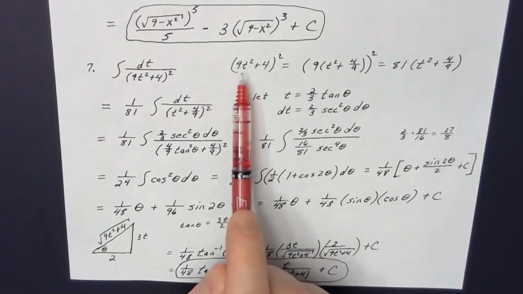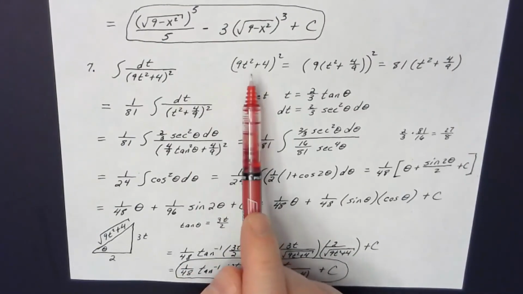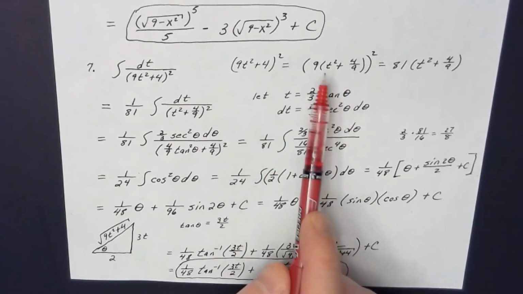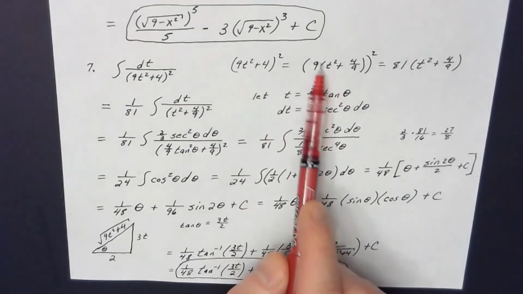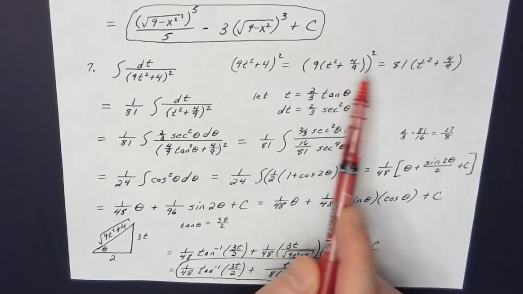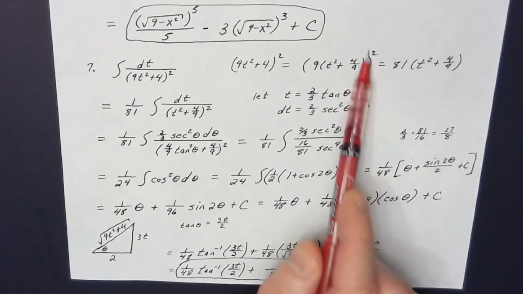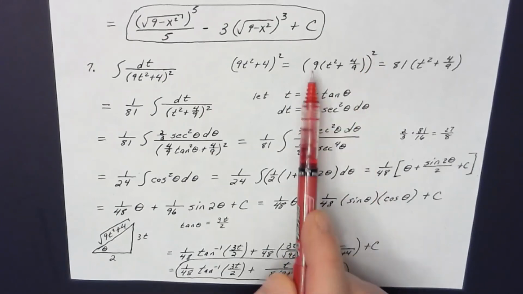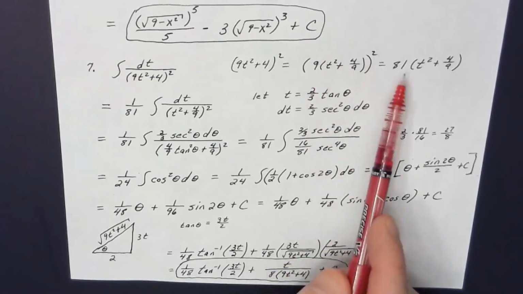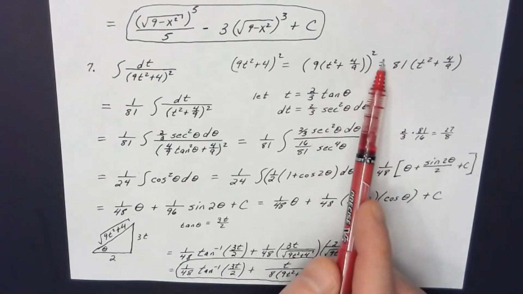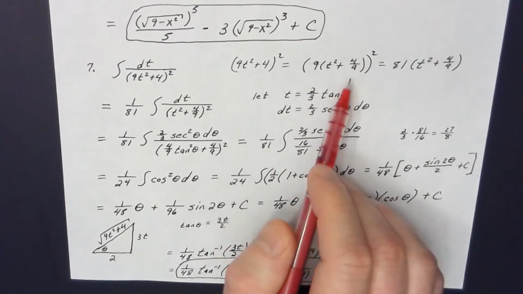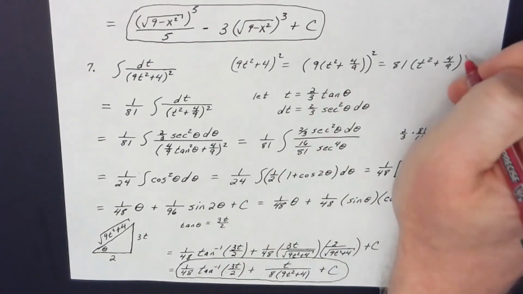So you'll notice I pulled that over here to the side and I said, well, 9t squared plus 4 quantity squared, that's the same thing as 9 times the group t squared plus 4/9 all being squared. But then if I have a product squared, then the first term is squared, 9 squared is 81, and the second term is squared, which means I have t squared plus 4/9 also being squared there.